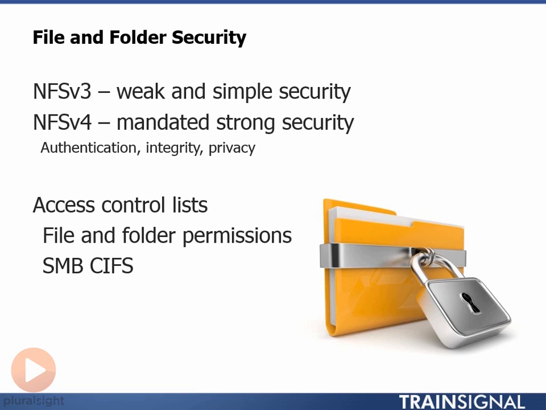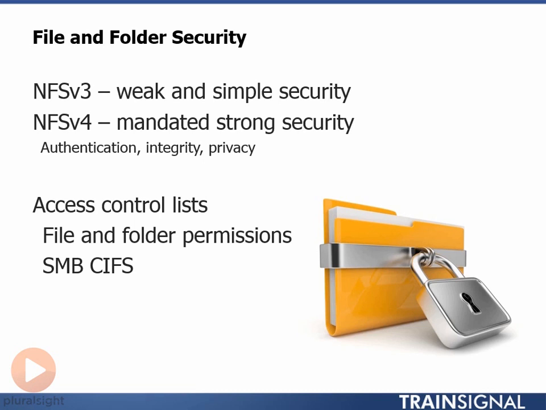These control user access to files and directories, and these ACLs or access control lists work on a deny unless allowed model. Basically, in order to access a file or directory, your account has to be explicitly listed on the allow list. As well as better access control lists, NFS version 4 also mandates support for authentication, integrity, and end-to-end encryption using Kerberos version 5.